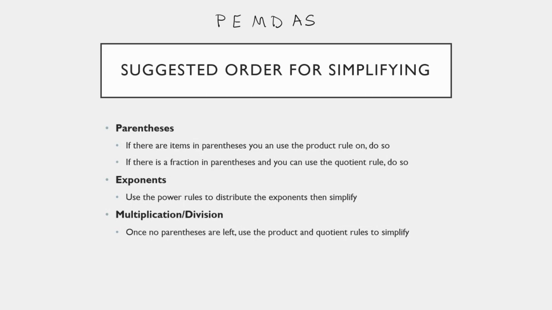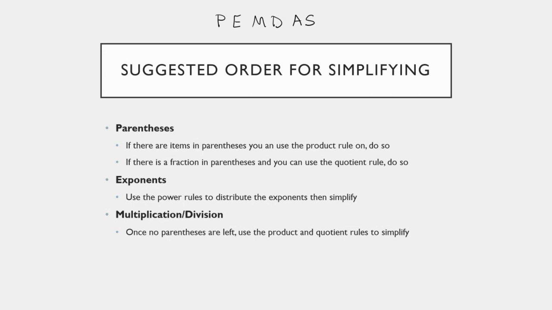So if you have an exponent with an exponent, you're going to basically use the power rules where you multiply those exponents together, and then you simplify. Once you've done that, then you're going to be using the multiplication and division rules where you add the exponents. So once you don't have anything left in parentheses, then you're going to use your product and quotient rules to simplify.